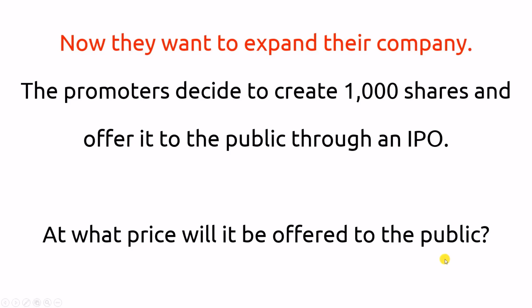So promoters kept the shares by buying them at 2 rupees each. The public also bought them at 2 rupees each. But now, in this case, we want to decide the price of the shares that will be offered to the public. Now, why do we want to decide the price?